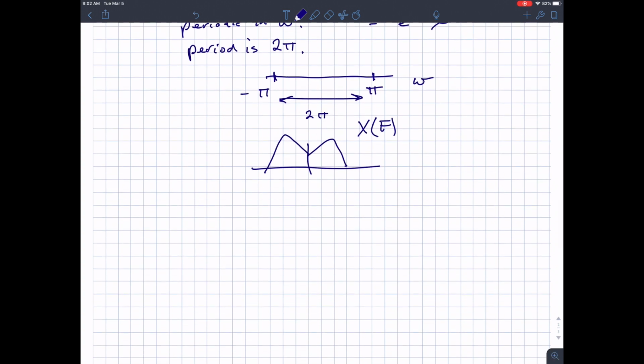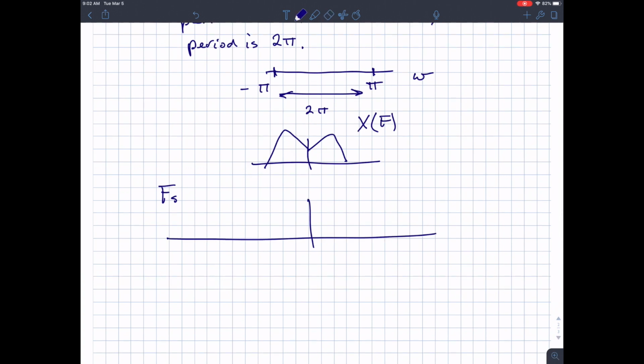All right, and if I sample at Fs, the sampling rate, then what I would get is replicas of the spectrum centered every Fs.